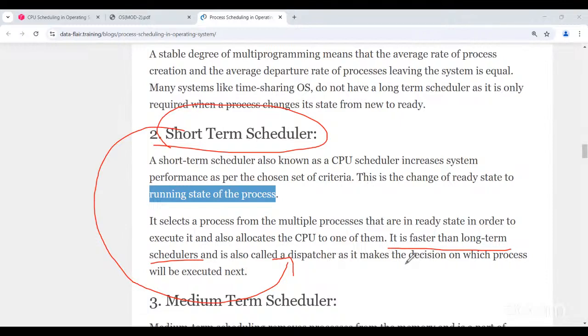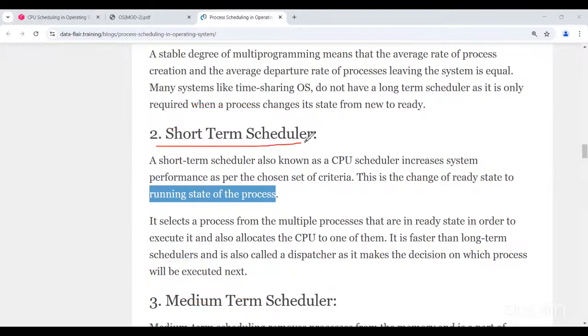Because it makes the decisions about which process will be executed next. Very quickly it is selecting the processes, so that is why this is called dispatcher. So this is about the short-term scheduler.